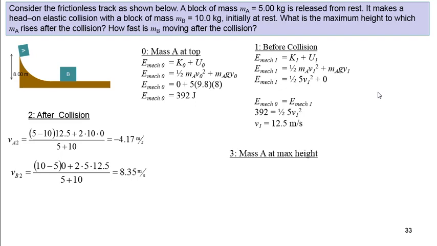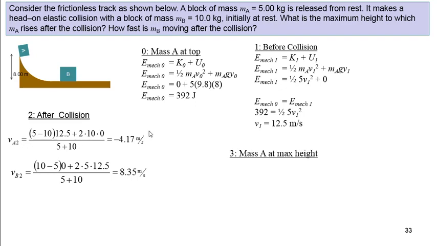Now, I'm not going to bother going through and figuring out what's the momentum right before the collision and so on, because these equations here that we saw when we were looking at perfectly elastic collisions were derived from the conservation of momentum and conservation of energy.